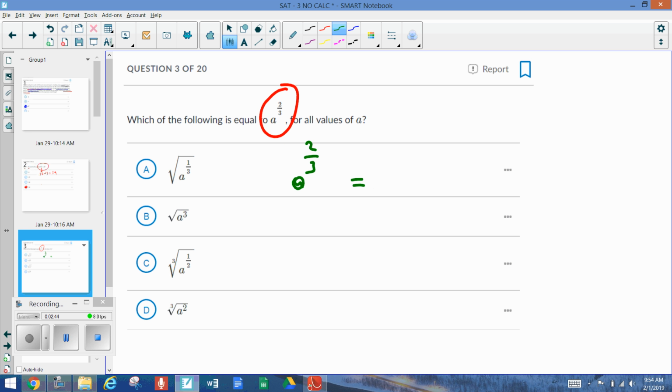When you see a fraction as an exponent, that means it's a root, and the denominator always goes as the index. The base is still inside, and the numerator goes as the exponent.